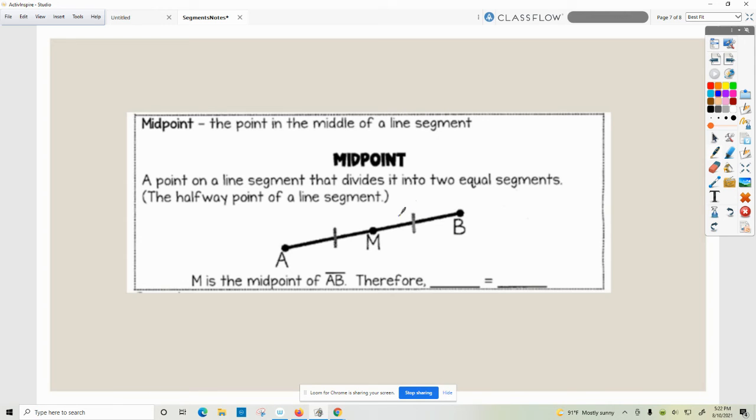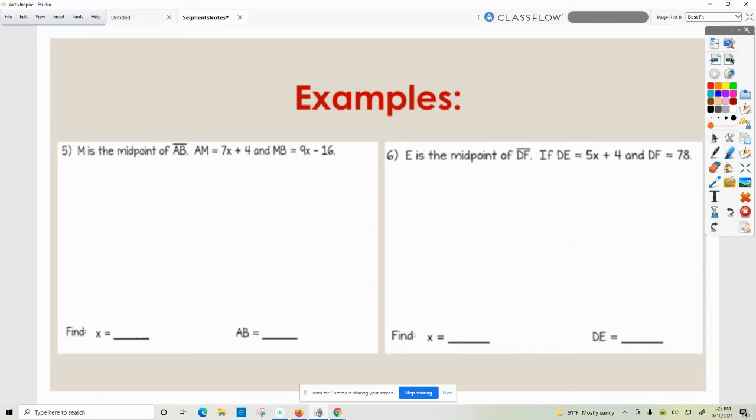And remember what the little congruent marks mean. In a midpoint, if M is the midpoint of AB, therefore I can say that the length of A to M is the same length as M to B, just like the bisector. Just different terminology, but kind of the same idea.